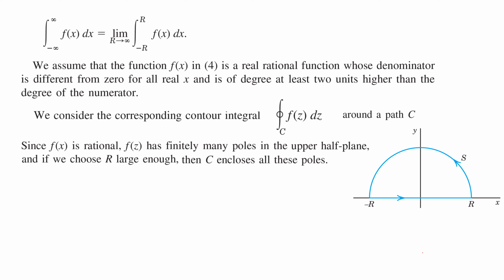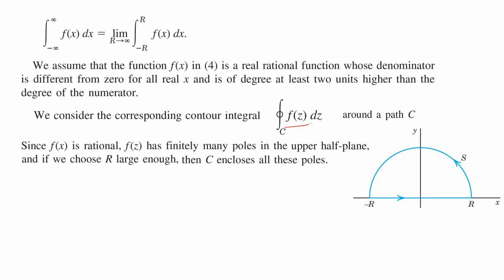And then f of z has finitely many poles in the upper half plane, because you find the poles of this. It is a rational function, right? It has some poles. Some of them are above the x-axis, some of them are below the x-axis, and they have finitely many poles because the denominator is a polynomial.